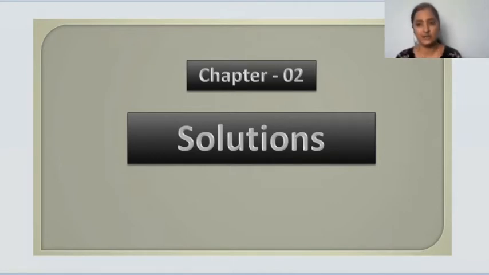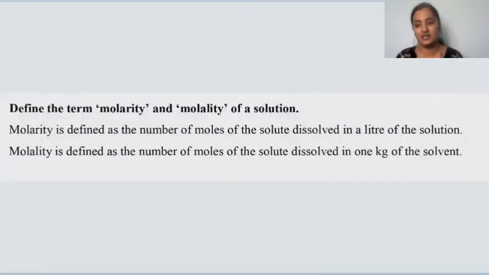Then what is a solute? A solute is a substance which we add to the solvent. Then what is a solvent? A solvent is the component of the solution in which we dissolve the solute. When a solute is mixed with the solvent, a solution forms.